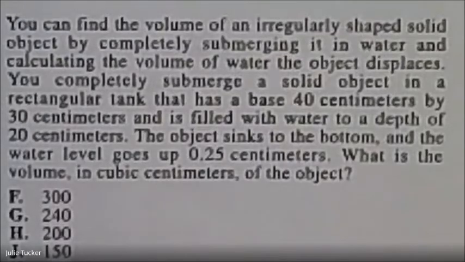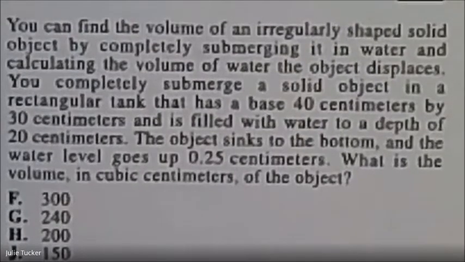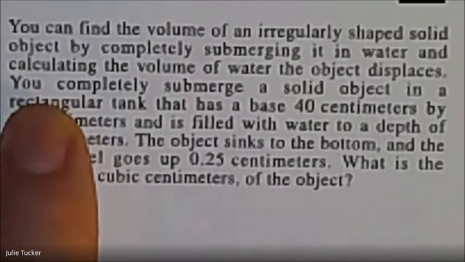So what you do is you have this goofy shaped thing like a rock, and you can't measure it because it's got goofy dimensions. So you put it in the water and you measure the height of the water before it and the height of the water after, and then you find the two volumes and you subtract, right? So that's what they're talking about.